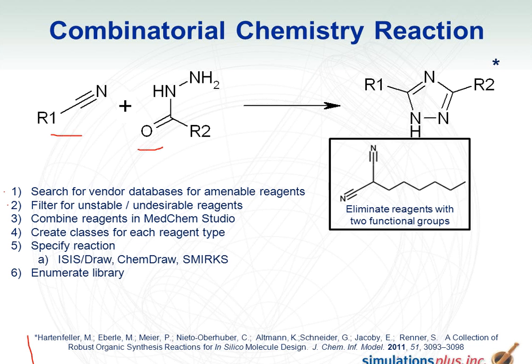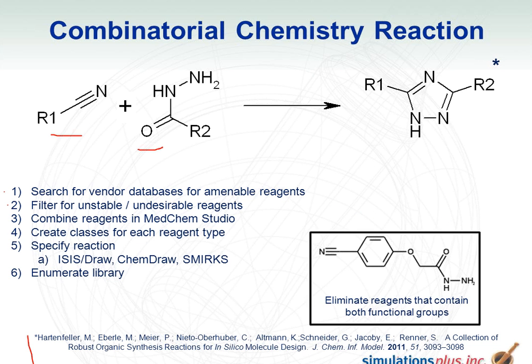Over on the right, I show a nitrile that contains two nitrile groups, and typically you wouldn't want to put this in a reaction, so we would eliminate that. Similarly, if a compound contains two reactive functionalities for the reaction, you would want to eliminate that. So I eliminated both of those types of compounds.